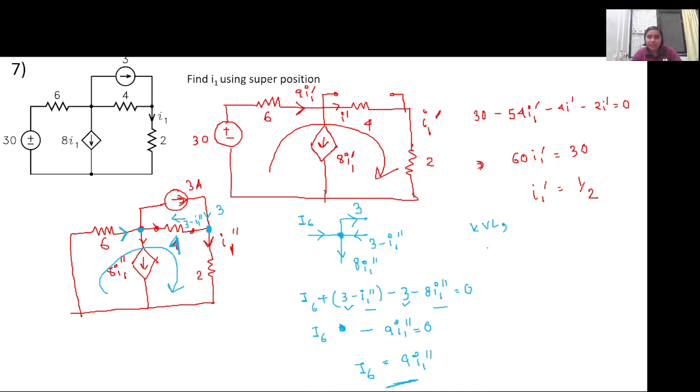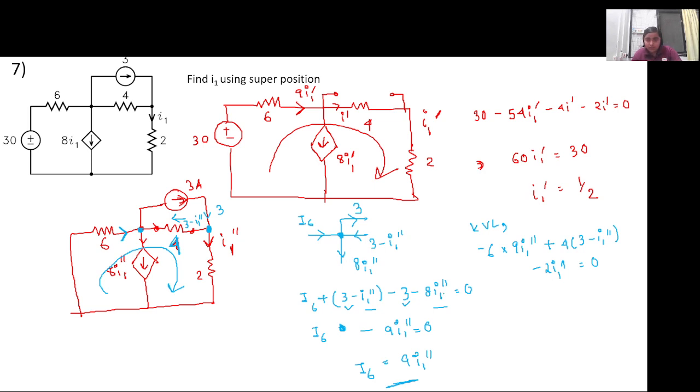Can anyone start telling me the KVL equation? Minus 6 into 9 I1 double dash, plus 4 into 3 minus I1 double dash, minus 2 into I1 double dash, equal to 0. This will be the KVL equation.